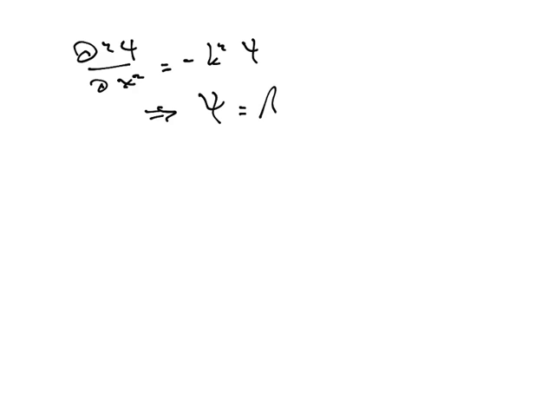So there's some amount of the answer, which is sine kx, and some other amount of the answer, which is cosine kx. Because both sine kx and cosine kx work, then adding them together also works, and it's a more general solution.